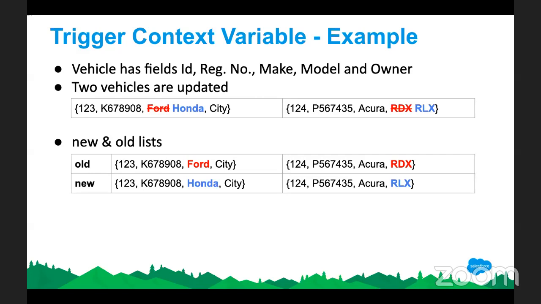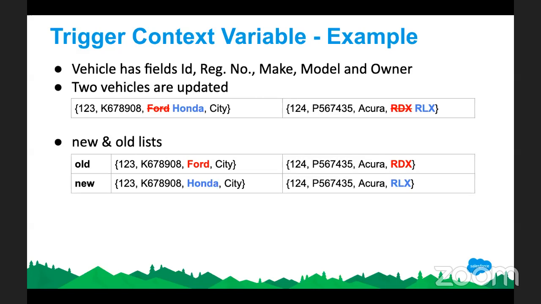I do an update with two records. Old contains the old version of the records and new contains the new version of the records. And these two lists will keep the order of the DML operation. Is that understandable?